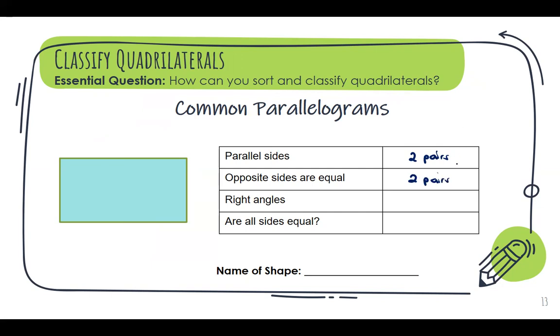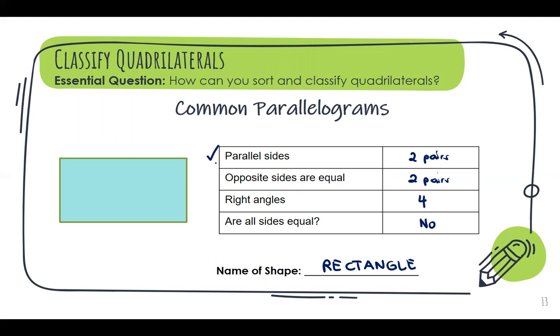We did not change any angles, so there are still 4 right angles. But this time, since we stretched the length of our figure, are all sides equal now? The answer is no. This figure is a classic example of a rectangle.